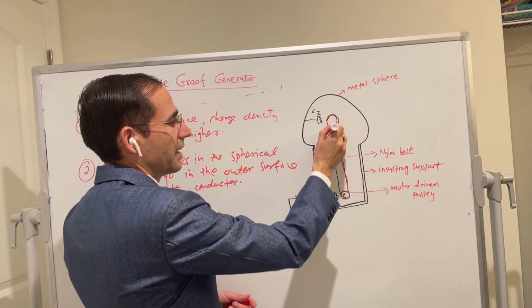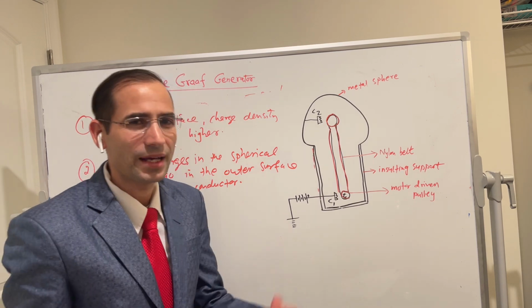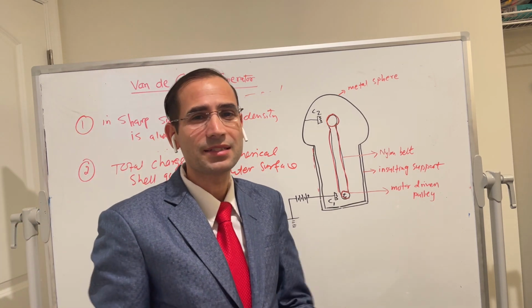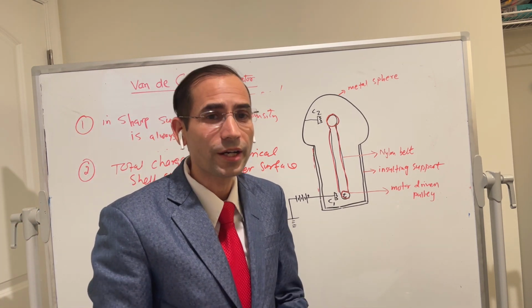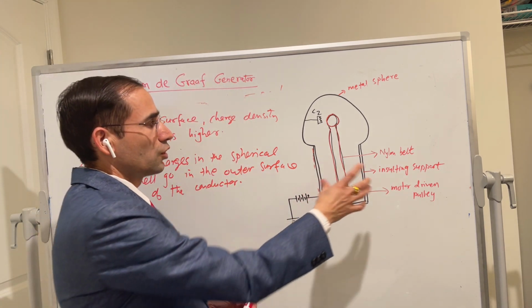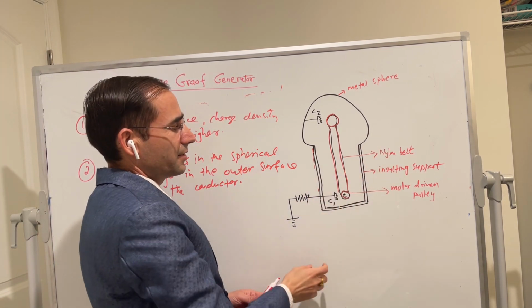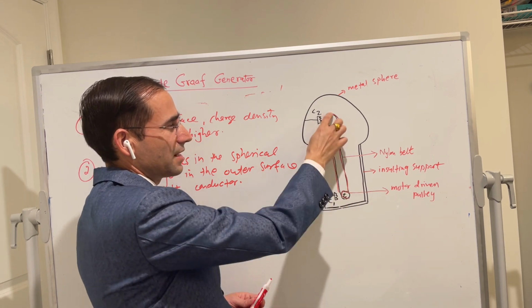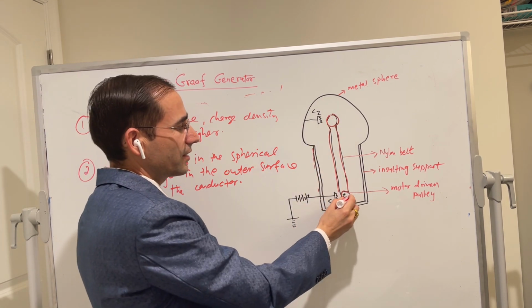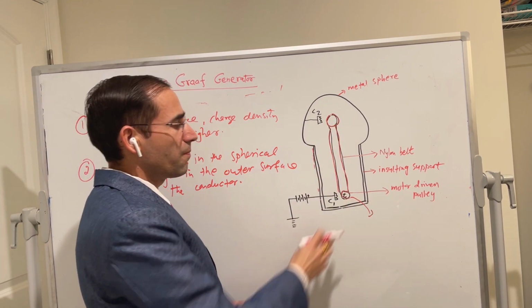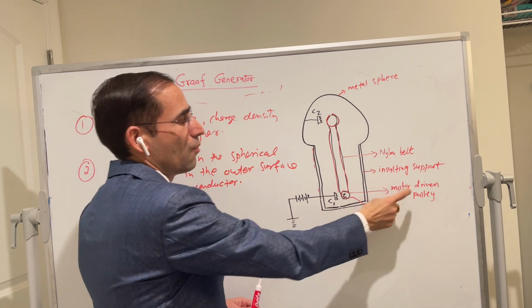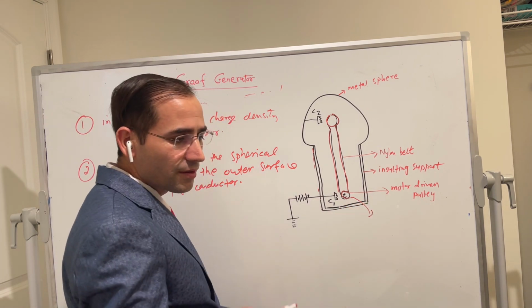This is the insulating belt made of nylon. You can use other material, but nylon is familiar to use here. So nylon belt, you have the two pulleys up and down, and you connect this lower pulley with the motor. That's why we call it a motor driven pulley.